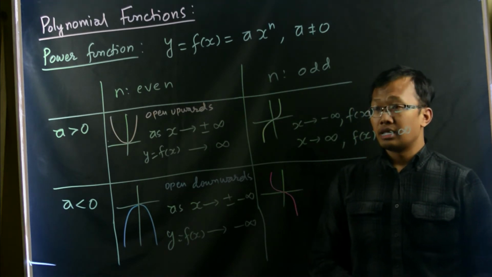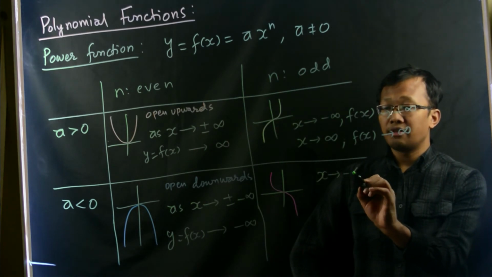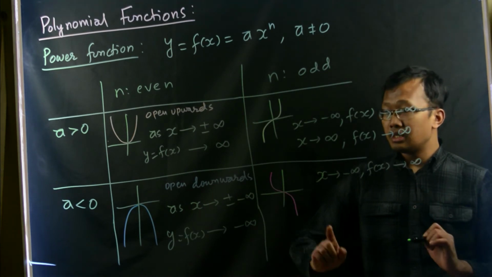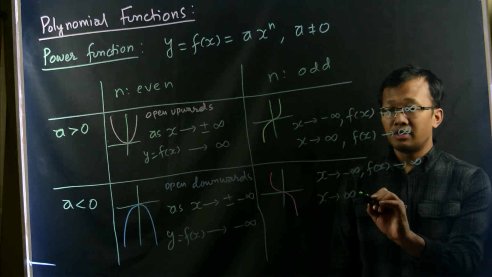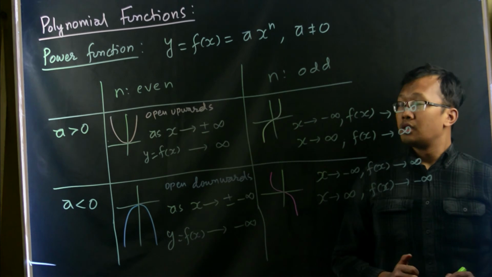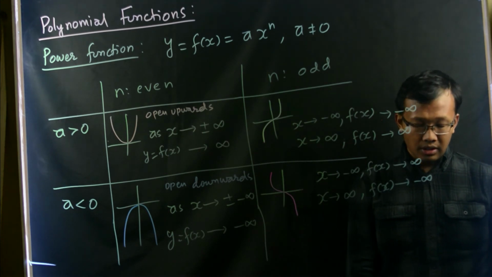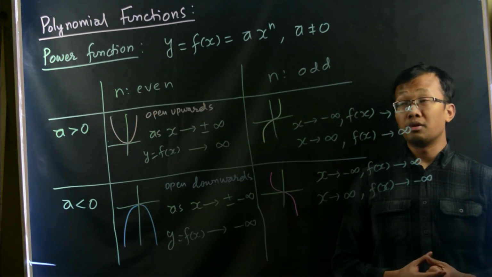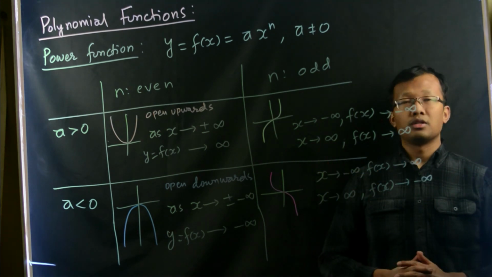Then we want to realize that as x goes towards negative infinity, f of x goes towards positive infinity, it goes upwards, and whenever x goes to positive infinity, f of x goes towards negative infinity. So that's the end behavior of power functions, or this can be even generalized in terms of polynomial functions also. So this is also true for the polynomial function.